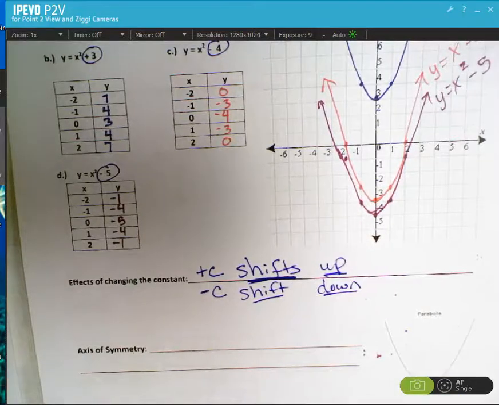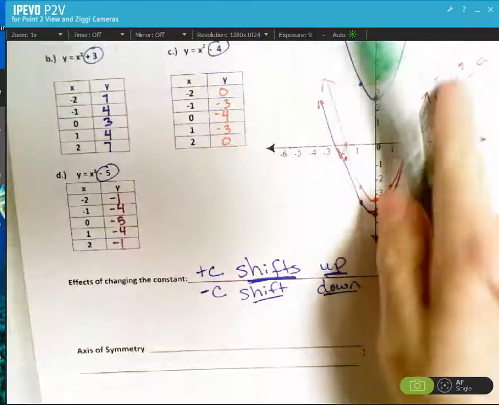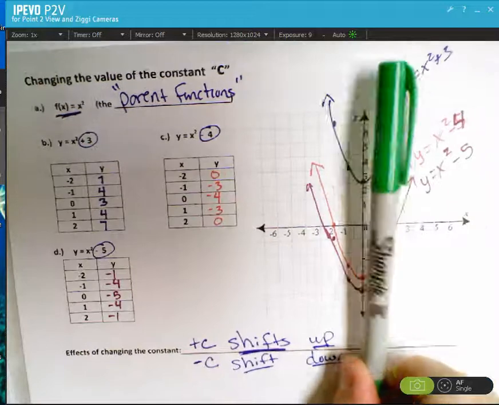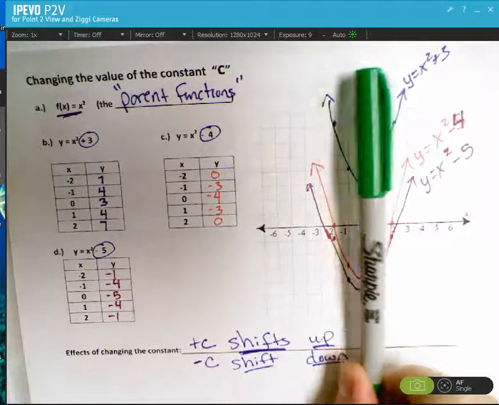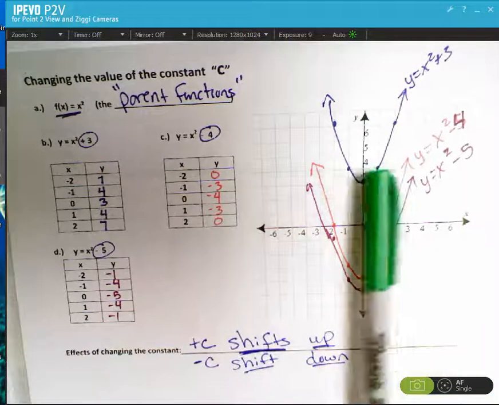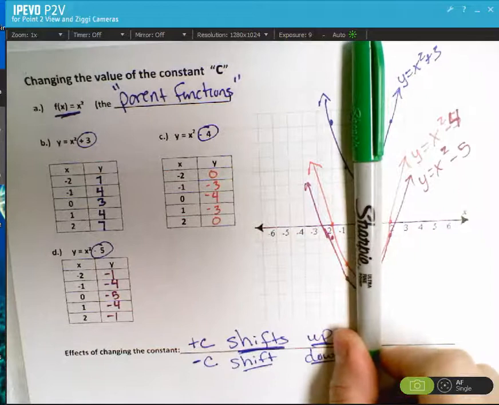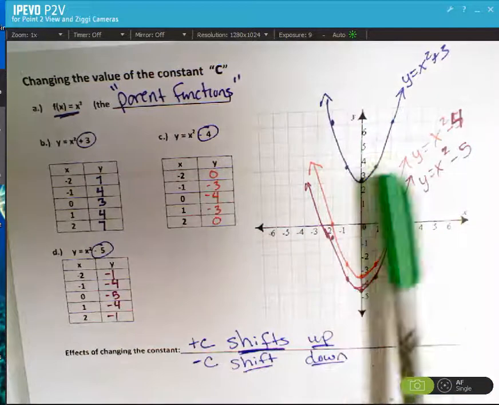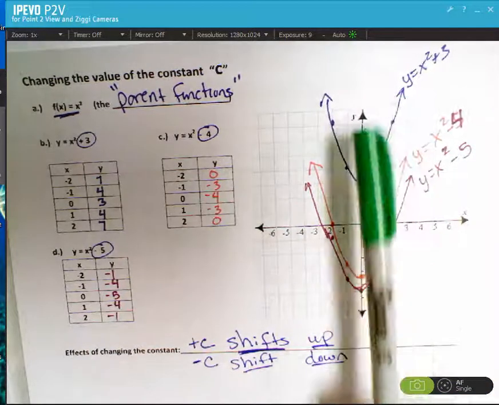What we should be able to notice too is that in every single one of these quadratics, we have what's called an axis of symmetry. It's the line about which both sides of the parabola are the equal distance away. So it makes this shape a mirror image or a reflection across the axis of symmetry.